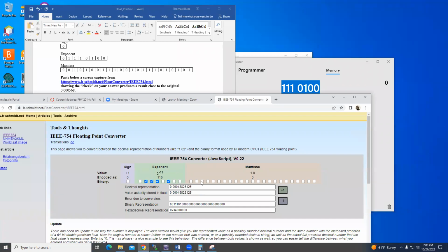And then for the mantissa, 1, 0, 1, 0, 1, 1, 1, 0, 1, 0, 1, 1, 1, 0, 1, 0, 1, 0, 1. And there's my 5, 6, 7.999. Pretty close to my number. All right.